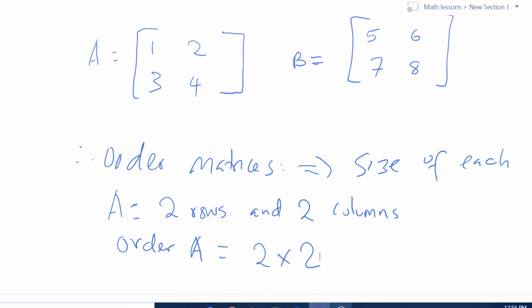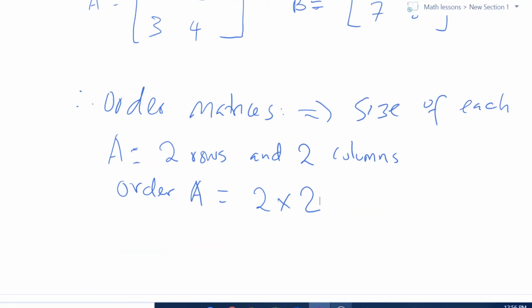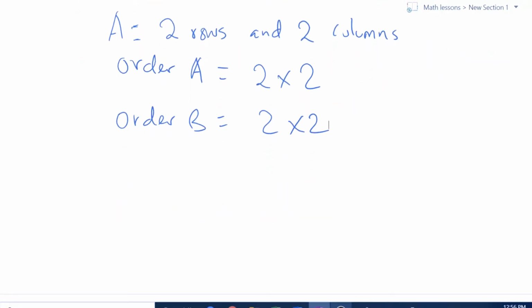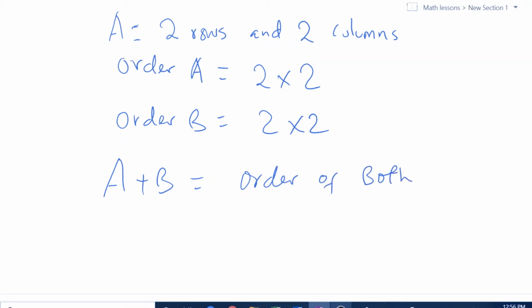Next, you also have to find the order of B. Similarly, the order of B is 2 rows and 2 columns. The reason you have to know this is because in order to add two matrices A and B, their order must be the same.